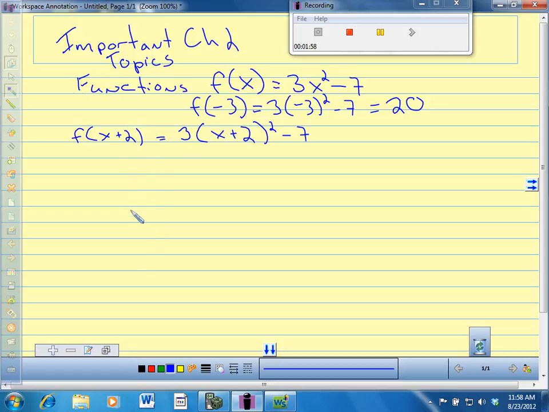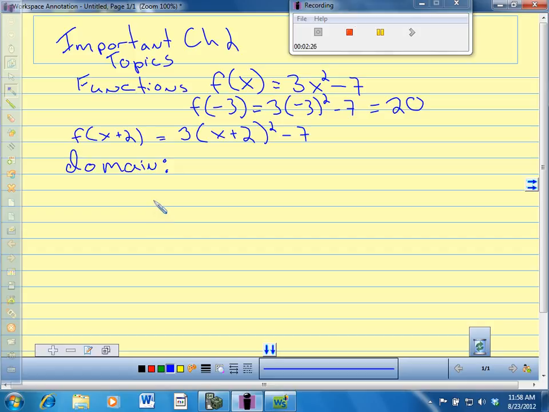Okay? What else? Then we have domains of functions. I know you guys did this in algebra too, right? Didn't you talk about domain? But it can get kind of confusing, especially if you have rational functions or you're just looking at graphs.